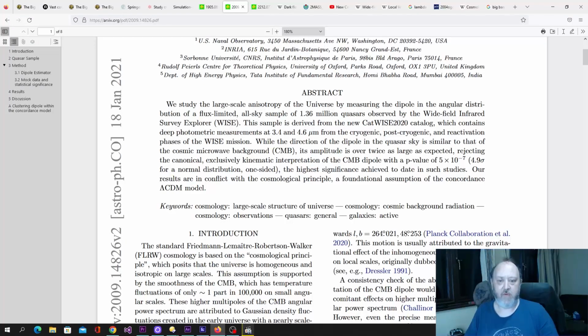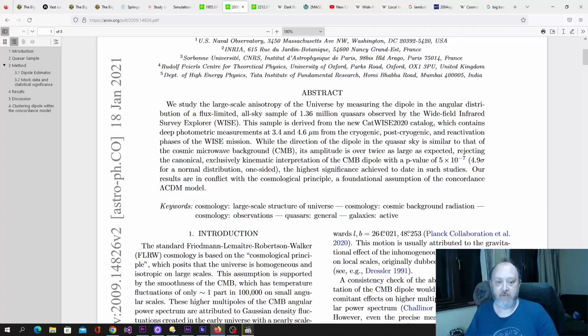While the direction of the dipole in the quasar sky is similar to that of the cosmic microwave background, its amplitude is over twice as large as expected, rejecting the canonical, exclusively kinematic interpretation of the CMB dipole, with a p-value of 5 times 10 to the minus 7, giving 4.9 sigma for a one-sided normal distribution, the highest significance achieved to date in such studies.